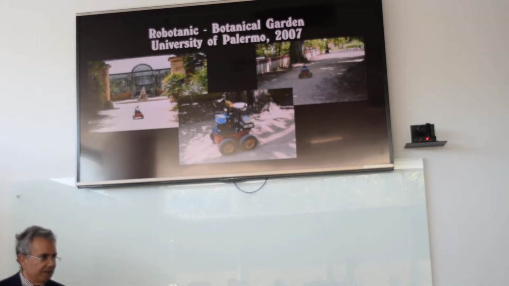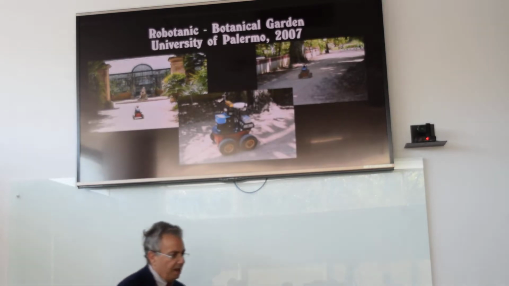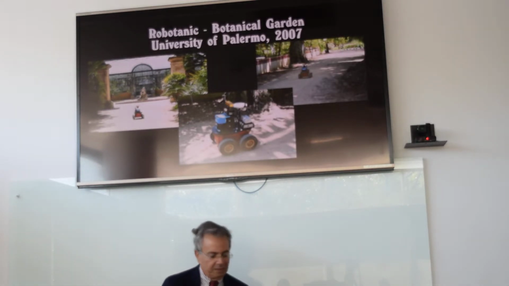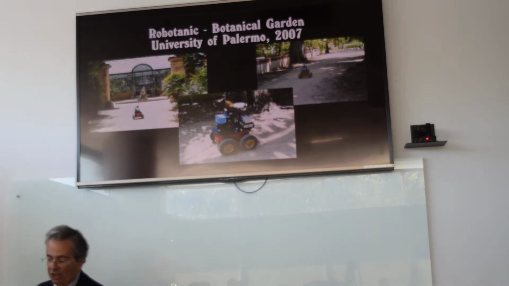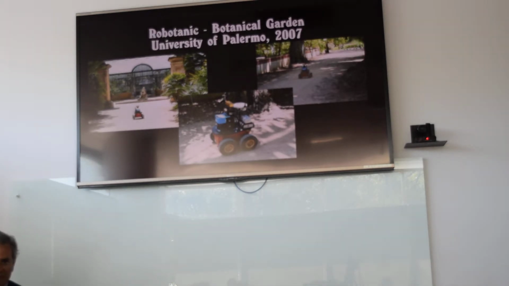So it's difficult to say which are the computational resources. It should be necessary to have some kind of allocation of resources depending on the needs of the robot from time to time.